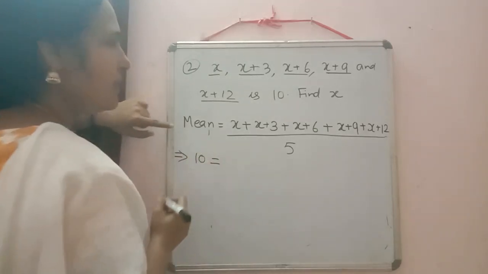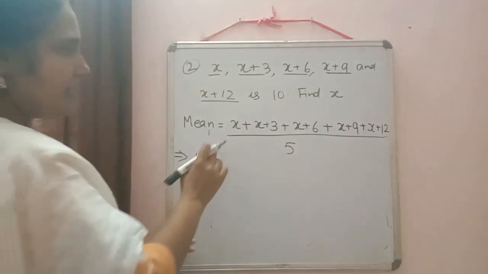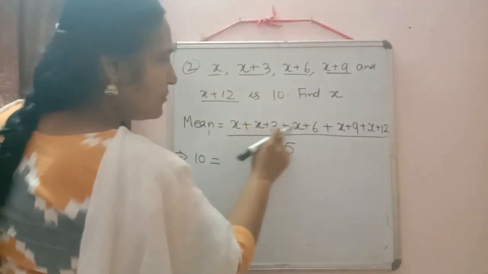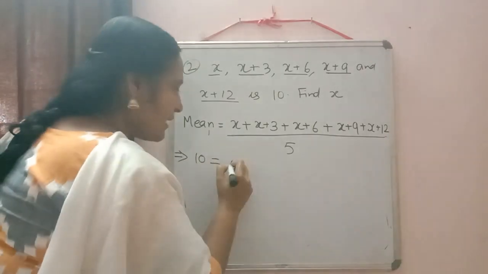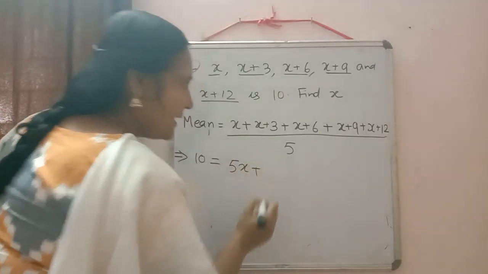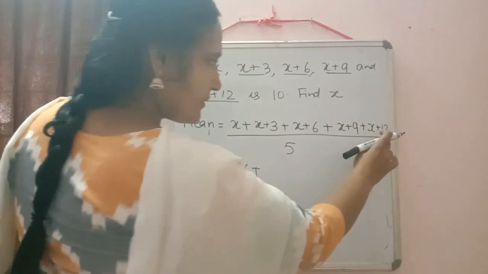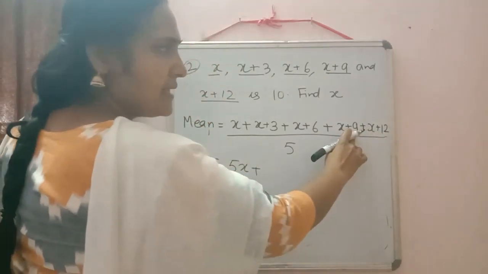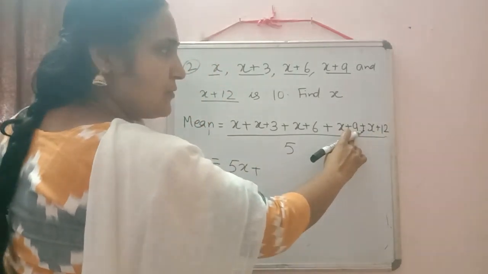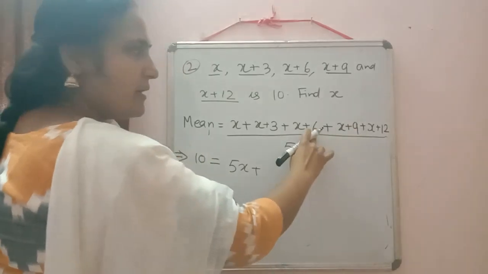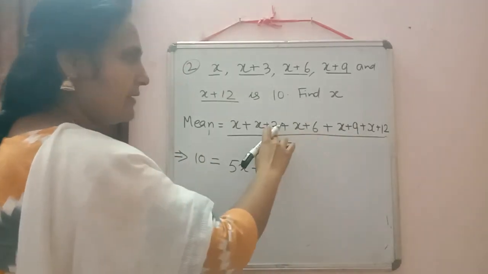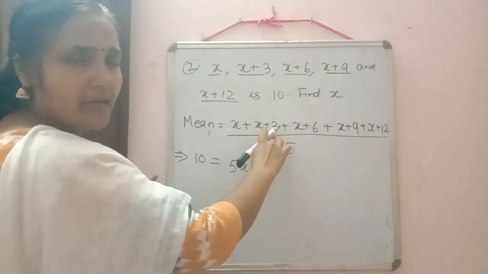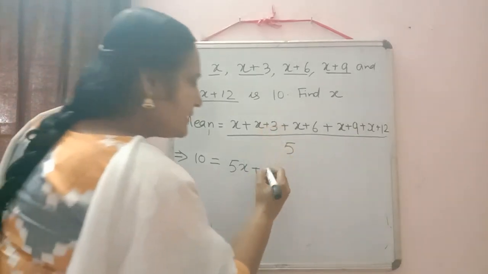So 10 is equal to, x is added how many times? 1, 2, 3, 4, 5. So that will be equal to 5x plus the remaining: 12 plus 9 will be equal to 21, 21 plus 6 will be equal to 27, and 27 plus 3 will be equal to 30.